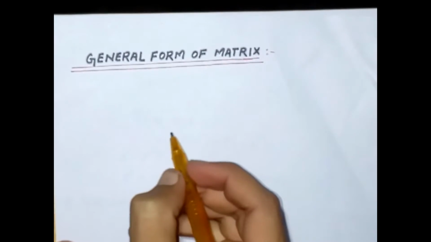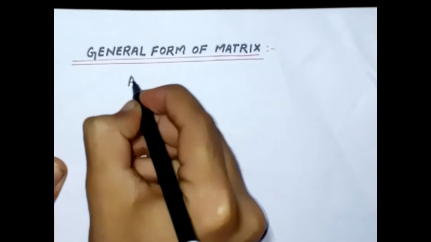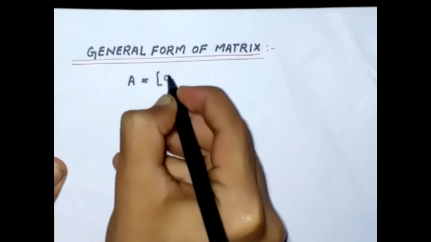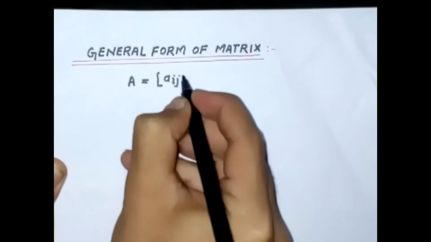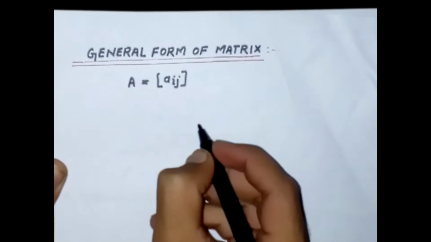Now let's discuss the general form of a matrix. A matrix of the form A equals aij is called the general form of a matrix.